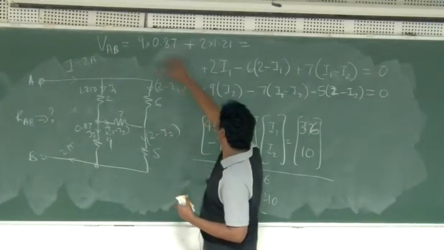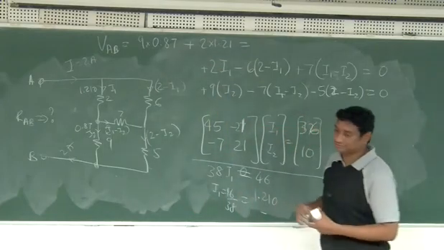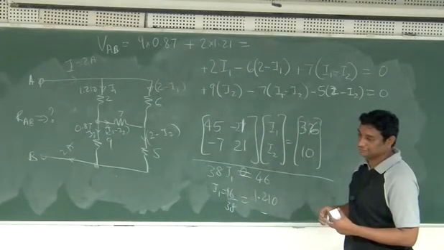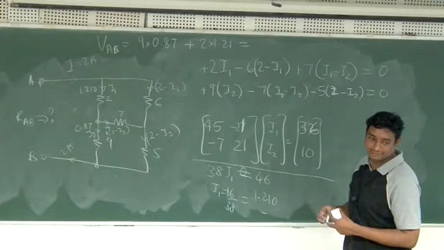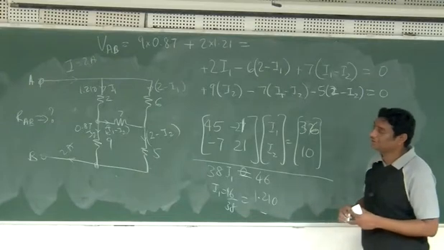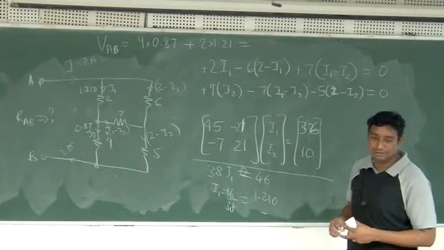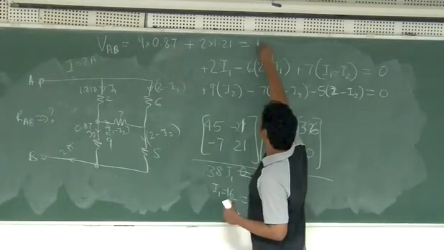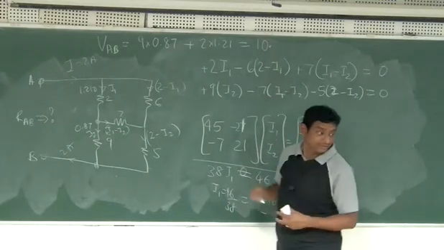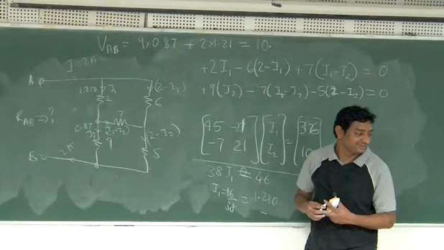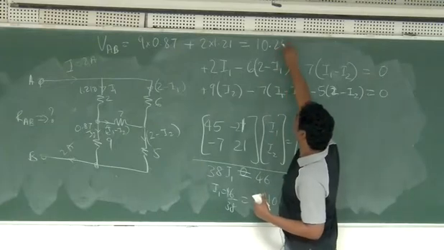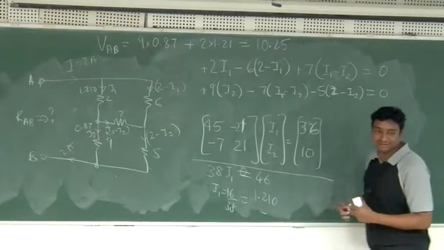So addition of all of this. What? 10 point? 10.25. Okay.